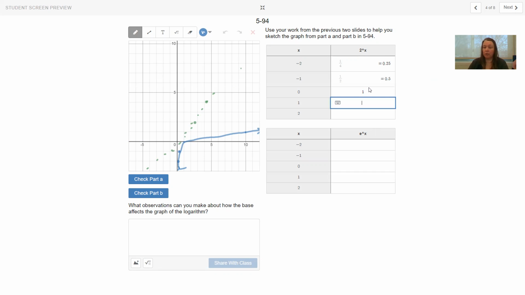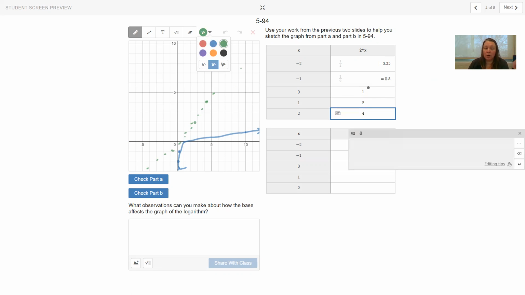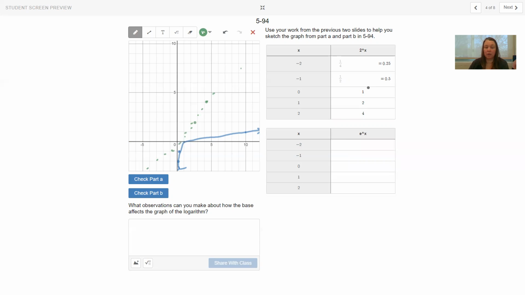This would be 1. This would be 2. This would be 4. And if I graph that, I'm going to use a different color here. It's still going to level off here. This is still going to go through 1, 0, but now it's going to go through 2, 1. So it's just going to be kind of steeper when I change that base to 2.